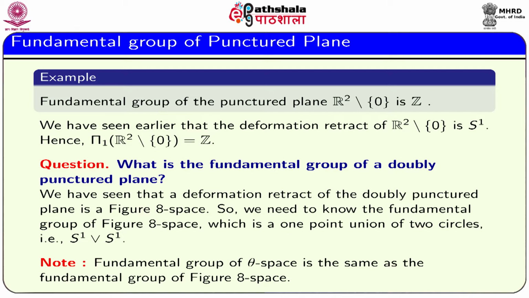Now we note that once we get to know the fundamental group of figure 8 space, we may conclude that the fundamental group of theta space is equal to that of a figure 8 space. Why so? Because theta space is another retract, rather deformation retract, of the doubly punctured plane.